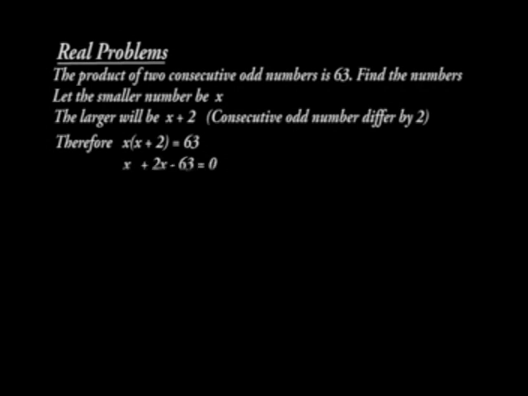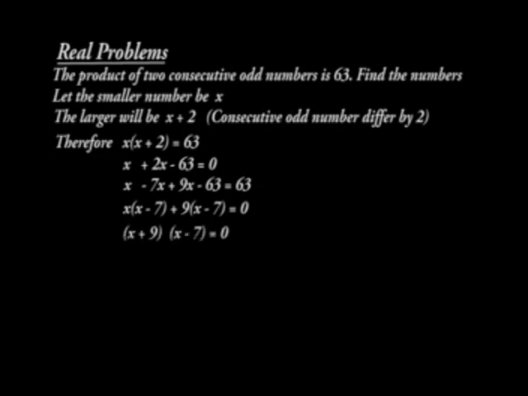Multiplying, x times (x plus 2) is 63. Expanding, x squared plus 2x minus 63 is 0 when we write in standard form. If we solve that, we shall end up with (x plus 9) times (x minus 7) is equal to 0. The roots are x is minus 9 or x is 7.